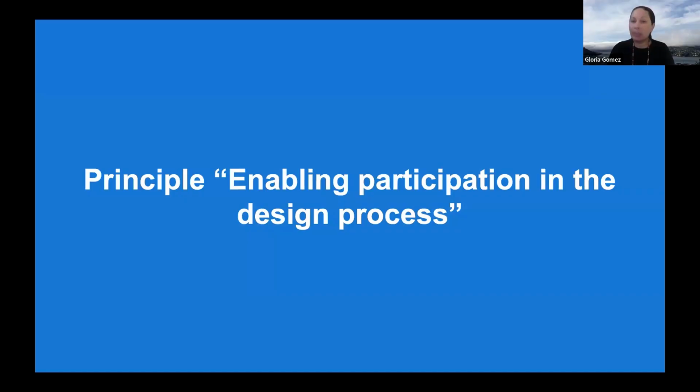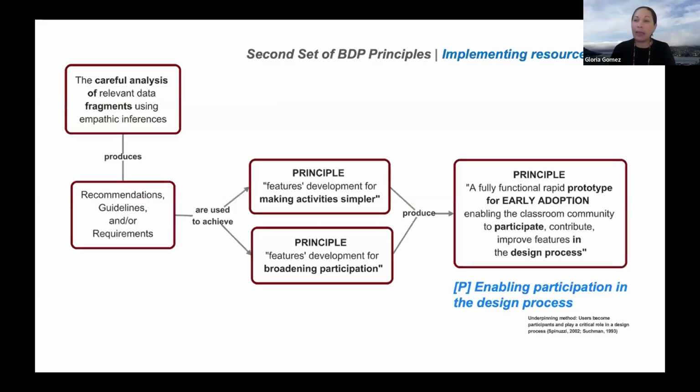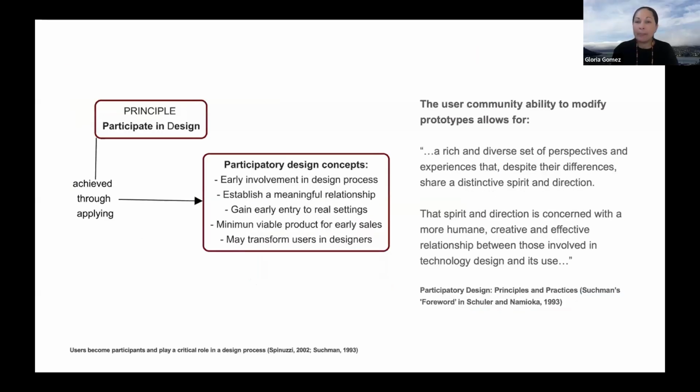So the next principle, the last principle, is implementation of a prototype for early adoption, enabling the user community to participate, contribute, and improve features in the design process. This principle is informed by the participatory design method. Participatory design advocates for early involvement in the design process.